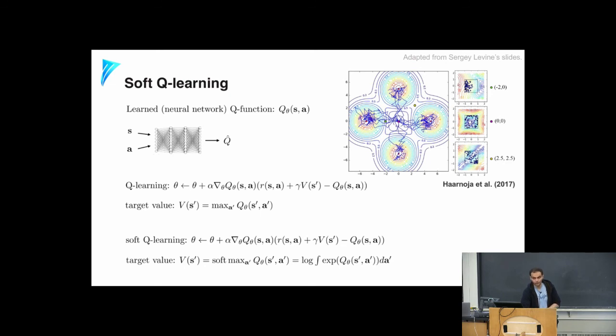If you apply soft Q learning and get a policy out of that, you will notice that when you sample trajectories under this policy, you will eventually pick one of the directions uniformly at random, and then you will move in that direction and keep sampling in that direction, trying to maximize the reward.